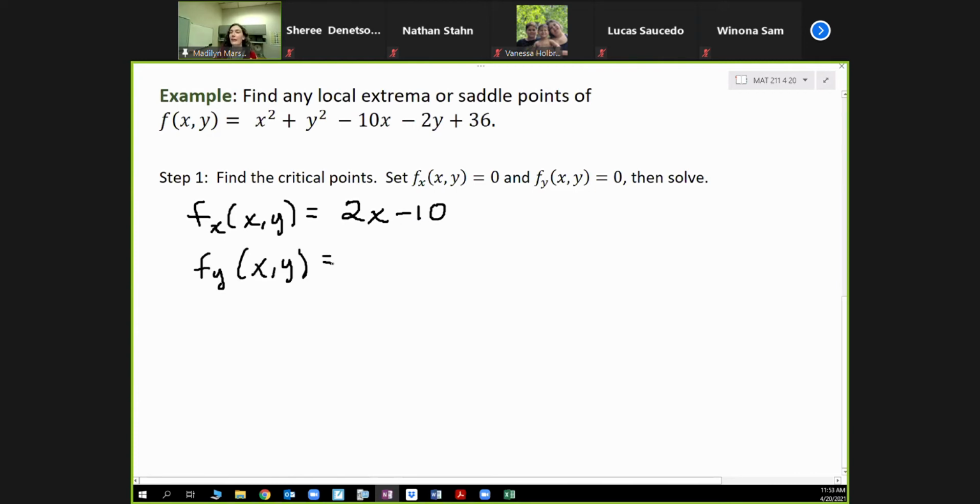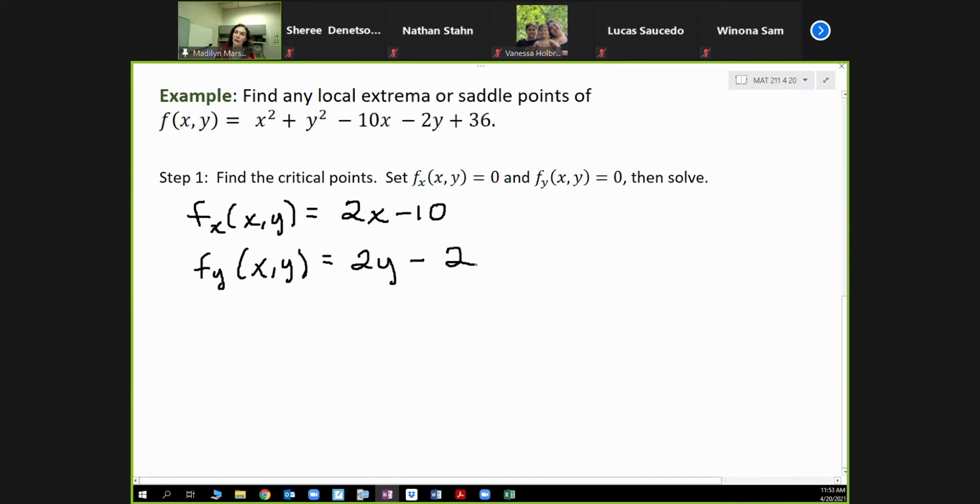And so now we need the partial with respect to y. So what will be the partial derivative? 2y minus 2. Exactly.